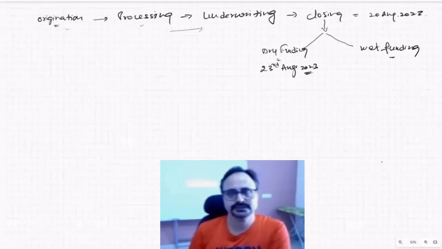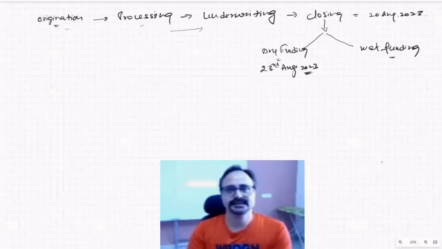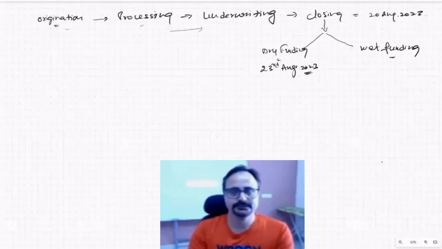After 3 days. There should be a gap of 3 days: 20, 21, 22, 3 days. So 23rd is going to be the dry funding, means on 23rd, funds will be released. Whoever the party is going to release those funds will release them on 23rd after 3 days.